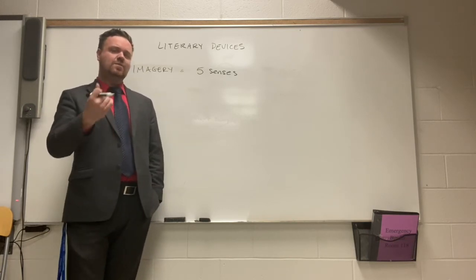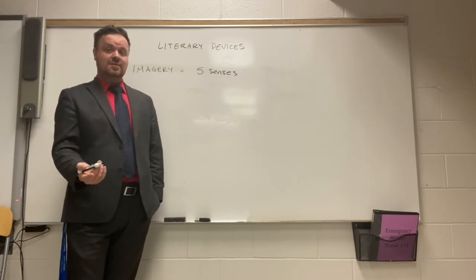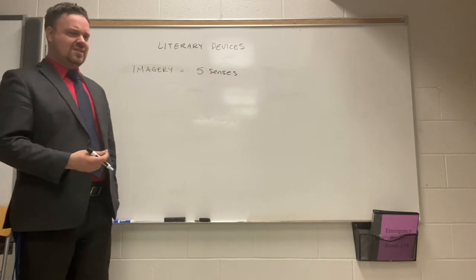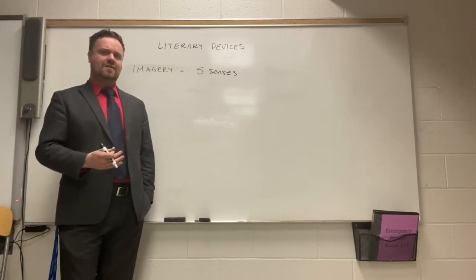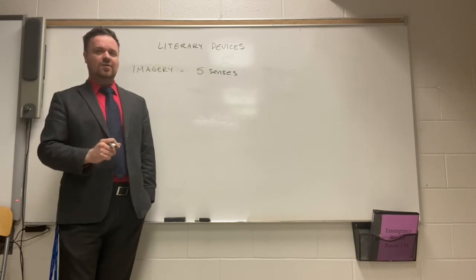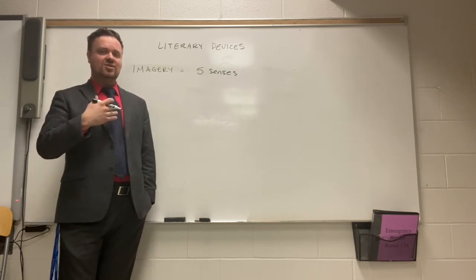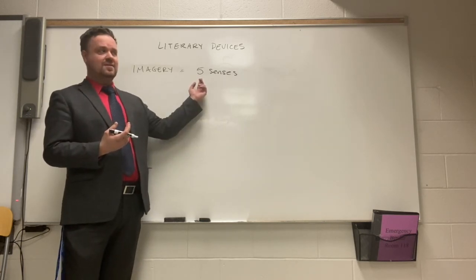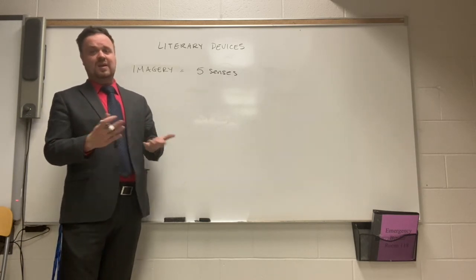Well, I have to be able to describe how it feels to get a paper cut. So in other words, due to the sharp sting of the paper cut, he cried. Notice the sharp sting gets you to imagine the feeling that you get, one of your five senses, when you get a said paper cut.